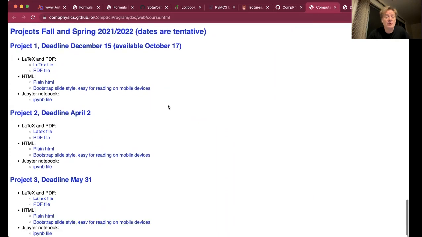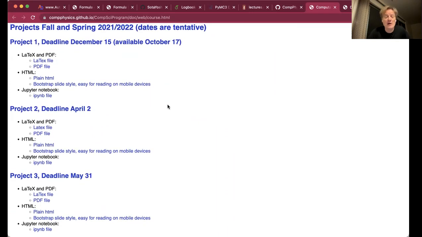But then if you scroll down here, you will find an outline of project number 2. So one of the things which I would like to ask you about is whether you could come with input to alternatives to project number 2.